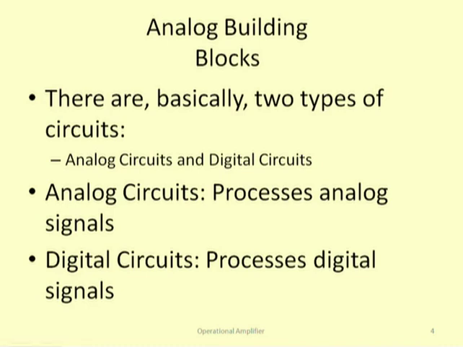The second type is called a digital circuit. Analog circuits basically process analog signals. We'll see what is the meaning of analog signal in the subsequent slides. Digital circuits basically process digital signals. We'll also see how digital signals look like.